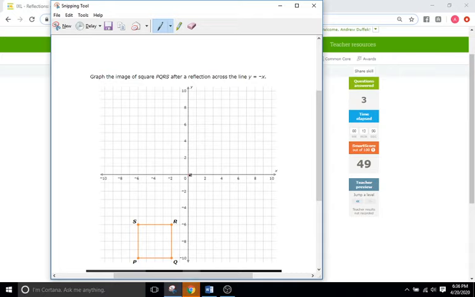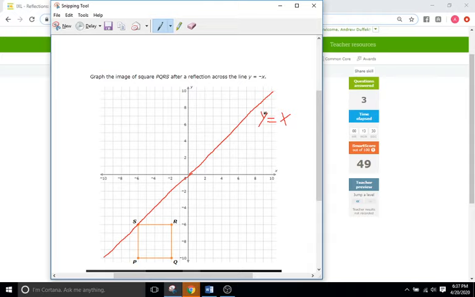So y equals x is just a perfectly diagonal line like this. This is the line y equals x. And you can kind of think about it this way, y equals x.